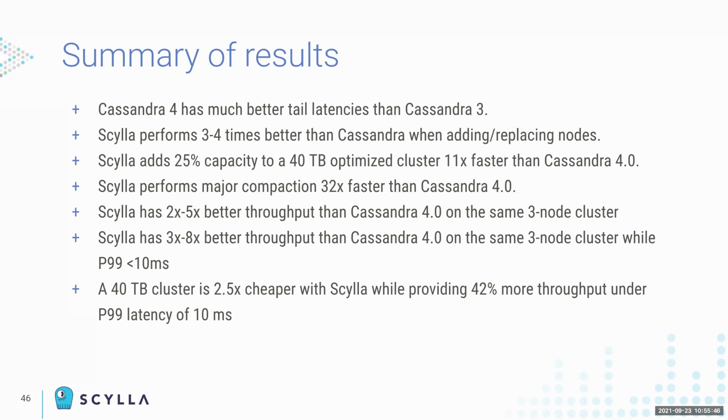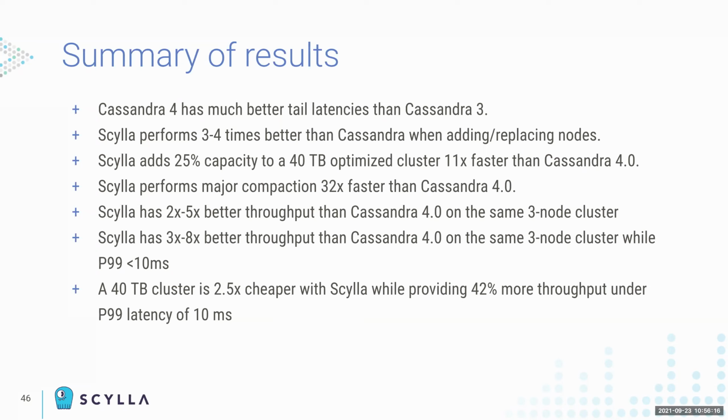But still, Scylla performs 3 to 4 times better than Cassandra when it comes to administrative operations, adding and replacing nodes. Where Scylla really shines is adding capacity to the cluster that I showed a few slides ago. Increasing the capacity of this 4 and 40 node cluster is 11 times faster compared to Cassandra 4.